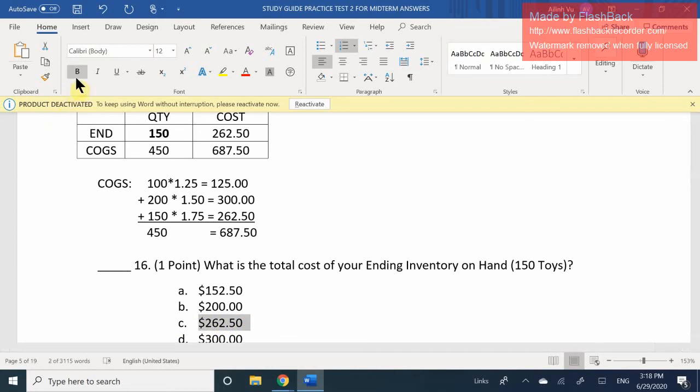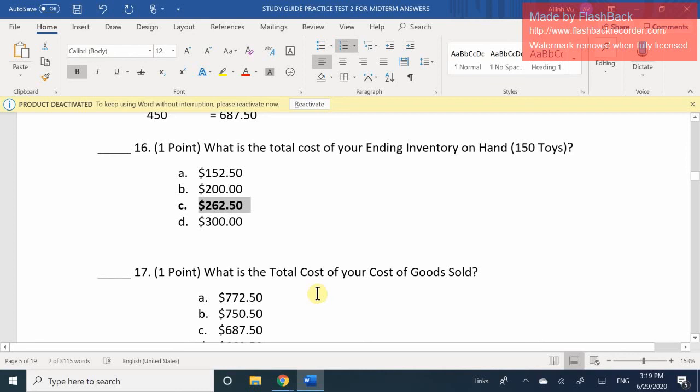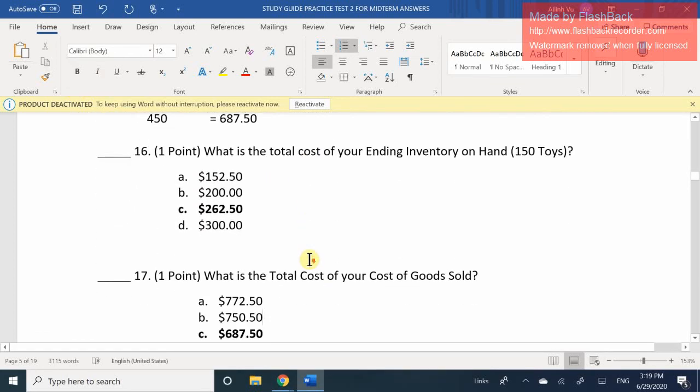Remember, this is a different problem, not the same one. And then what is my total cost of goods sold? 687.50, C. Yes, C. 687.50 is correct.